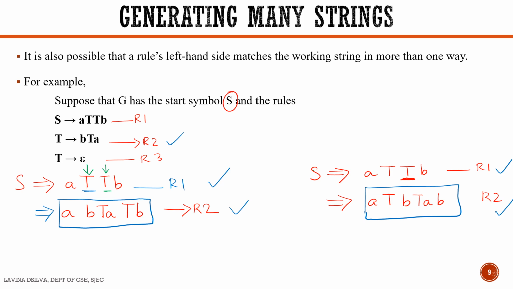So here we have got A, B, T, A, T, B, whereas in the second case we've got A, T, B, T, A, B. So using the same rules, we get different strings because of the position of the non-terminals. So this is also another way of generating many strings.